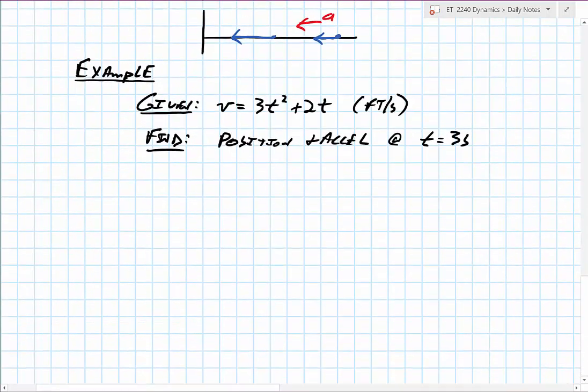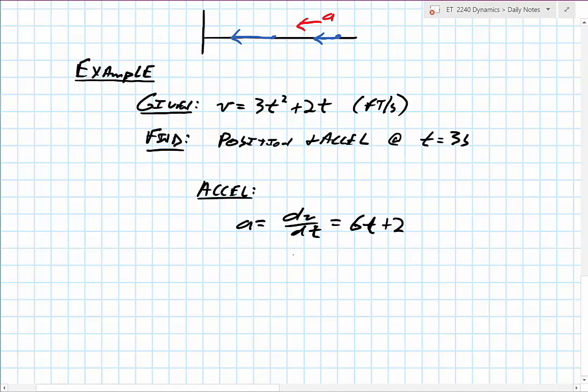So let's start with acceleration. I know that I have an equation relating acceleration and velocity. My acceleration is equal to the change in velocity with respect to time. And taking the derivative of this velocity, I have 3 times 2 is 6, so I end up with 6t plus 2. 2 times 1 is 2.